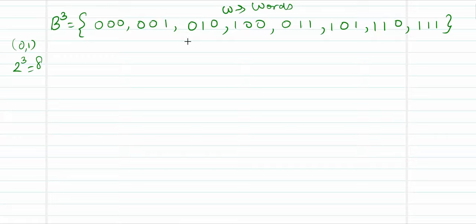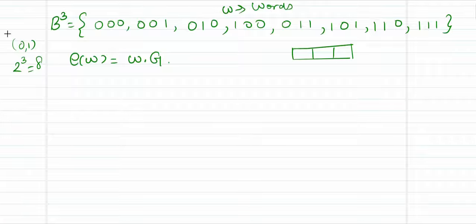So these W now get into G and get converted into E of W. We know that E of W is given by W times G. We need to keep in mind the input is going to be a 3-bit word and the output is going to be a 6-bit word.